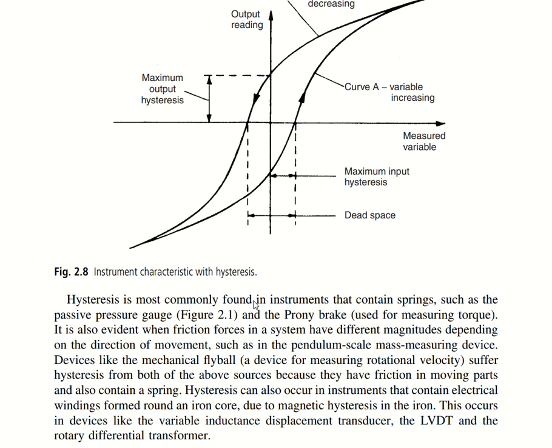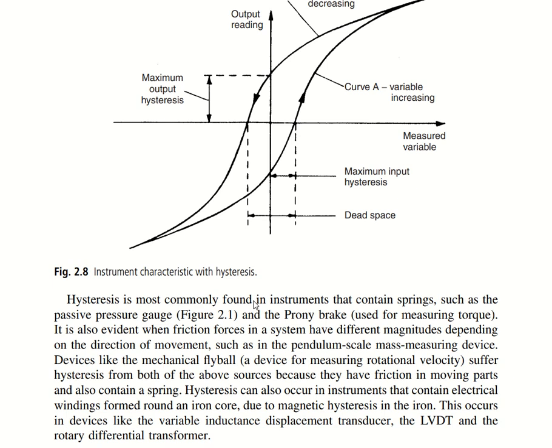It's also evident when friction forces in the system have different magnitudes depending on the direction of the movement, like a pendulum scale mass measuring device, or a device like the mechanical flyball. These suffer hysteresis from both of the above sources because they have friction in moving parts and also contain springs.